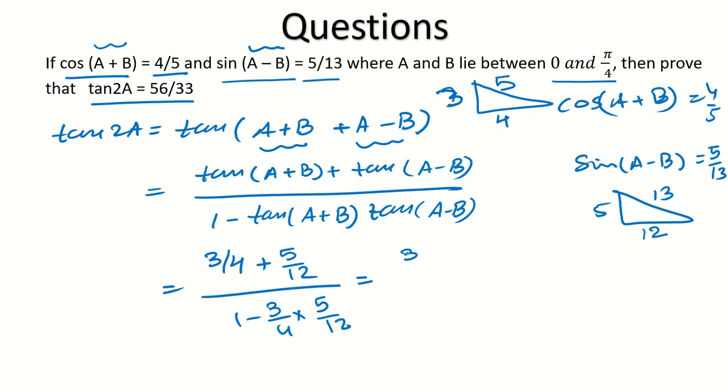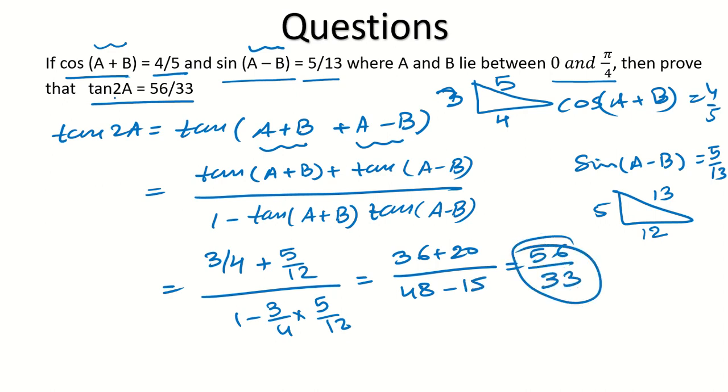So it will become, just simplify, 12 3s are 36 plus 20, LCM will be cancelled out, 48, and 48 minus 15. So it will be equal to 56 over 33. This is our right hand side. Okay. See, if you can understand this first step, how easily you can do this question.